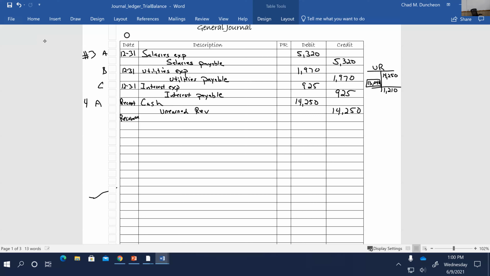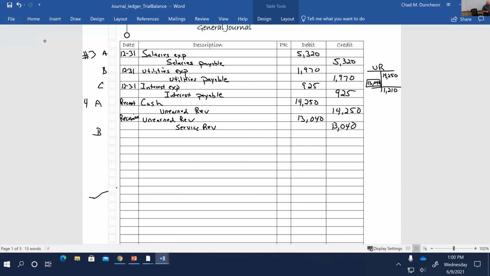So at the end of the month, when we go to recognize this revenue, we have unearned revenue at the amount we just calculated. And now that becomes service revenue because this amount of work has actually been performed. We knew how much work we had to do at the beginning. We knew how much work was left to be done. So we can say the rest of it got done.